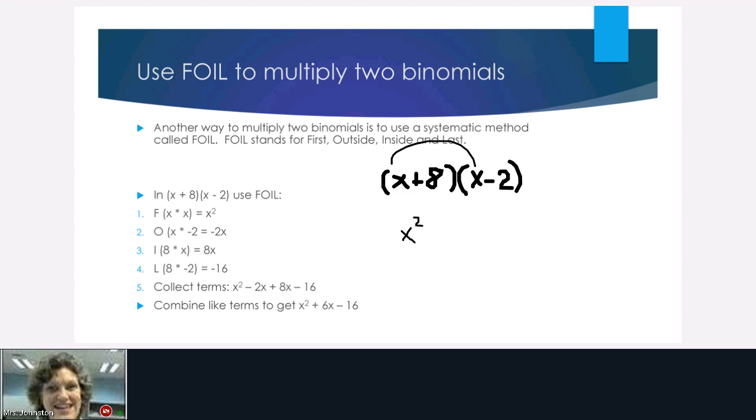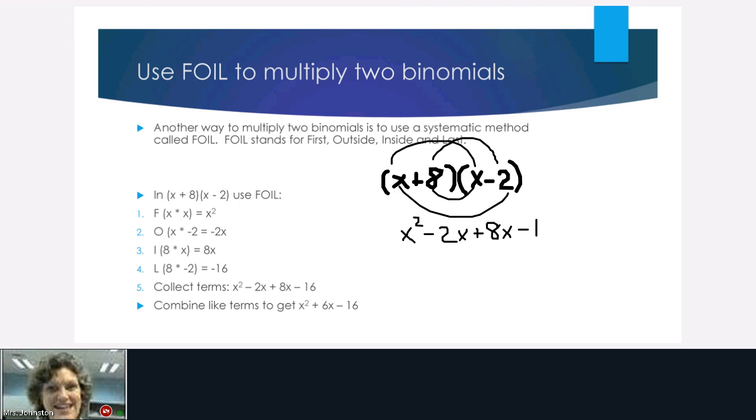Now to the outside terms. X times negative 2 is negative 2x. Now to the inside terms. 8 times x is 8x. And finally, for the last terms, 8 times negative 2 is negative 16.